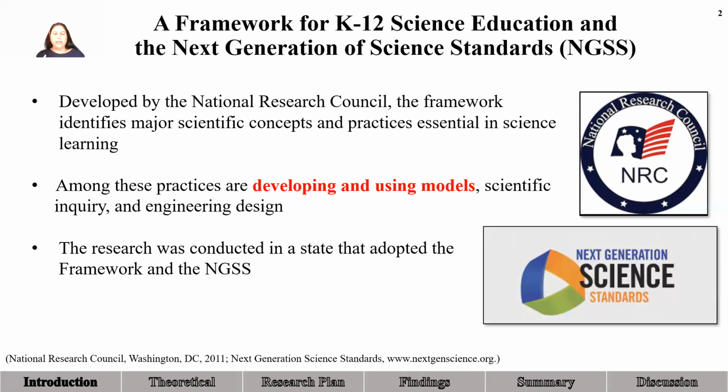Some of the important practices mentioned in the framework are developing and using models, scientific inquiry, and engineering design. The research was conducted in a state that adopted the framework and the NGSS, the Next Generation Science Standards.